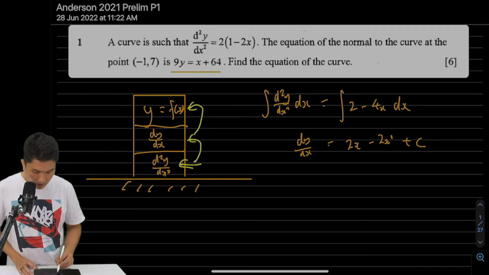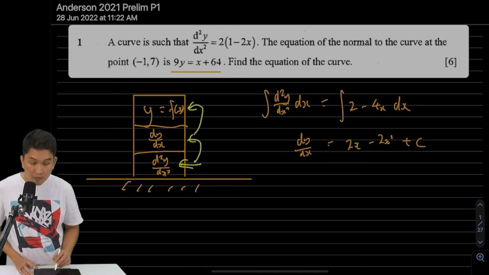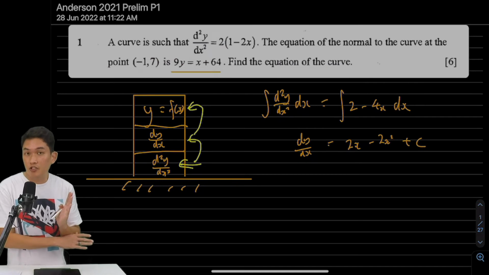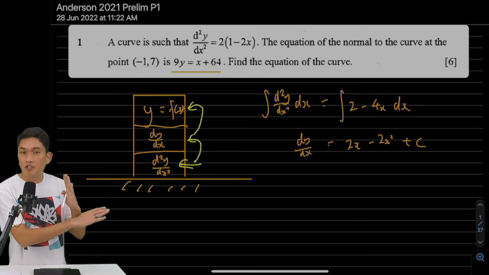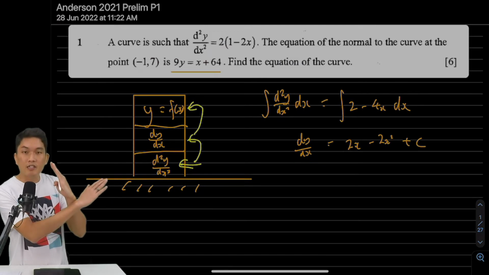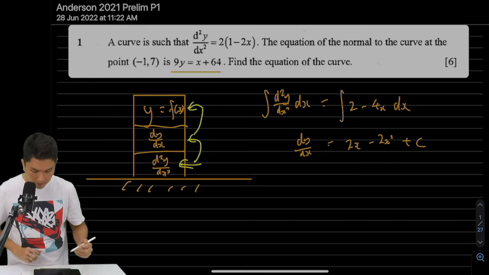So it just so happens that at the point -1, which means when x equals -1, y equals 7, or when x equals -1, the normal to the curve at that point is equal to this. Now, I kind of know that the normal is perpendicular to the tangent. And you know that the relationship of perpendicular lines is such that the gradient of this line and the gradient of the other line multiplied together is -1.